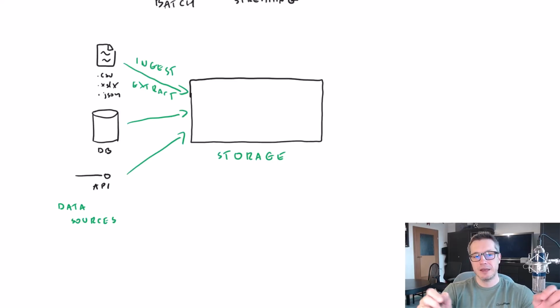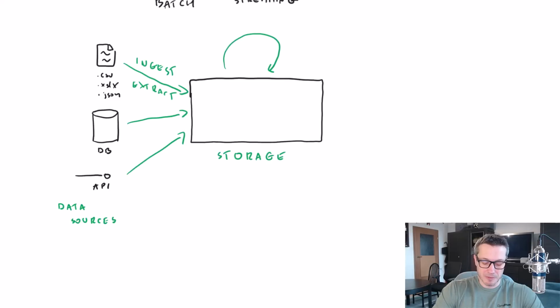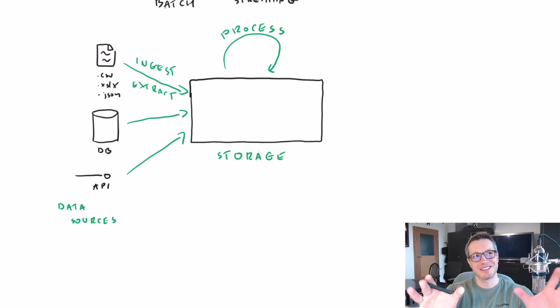Which means that once you ingest the data, usually you want to process it somehow. And again, this term process is very broad because it depends on your business case. In some cases, it might mean simply applying some business logic rules, or converting currency, or converting strings to numbers, or whatever you have to do.